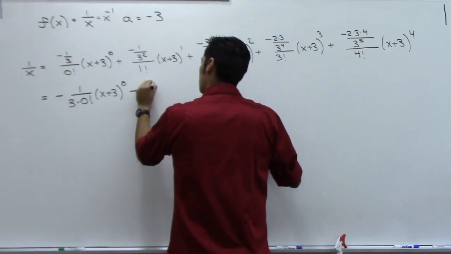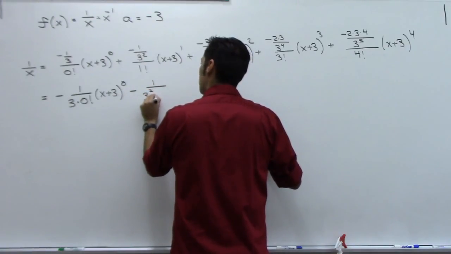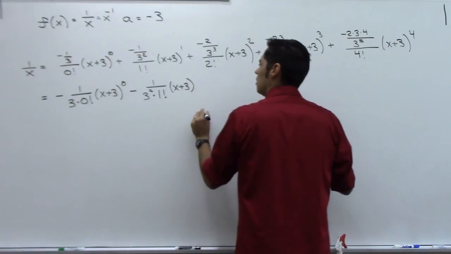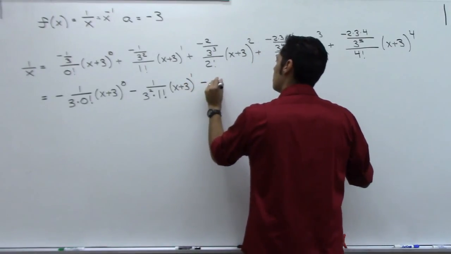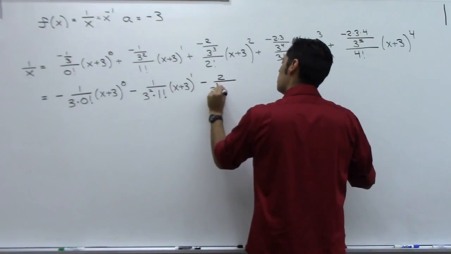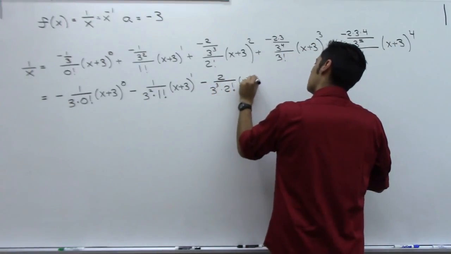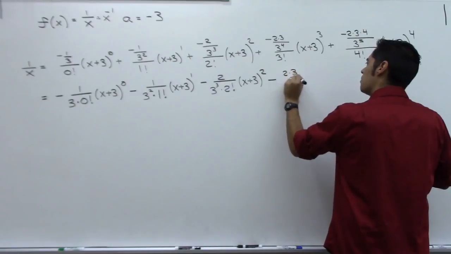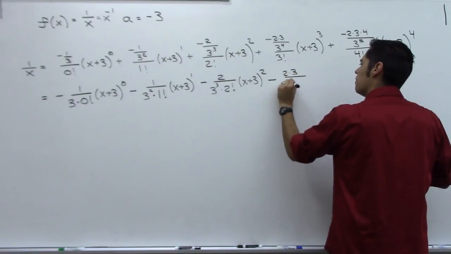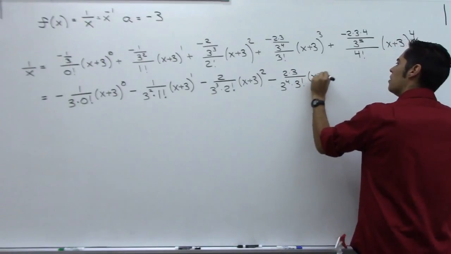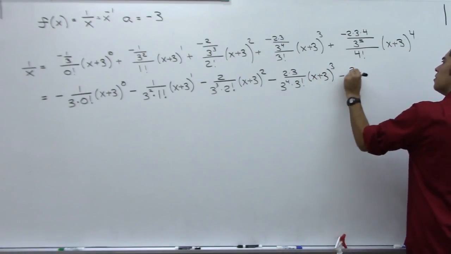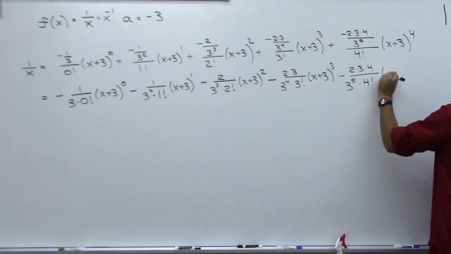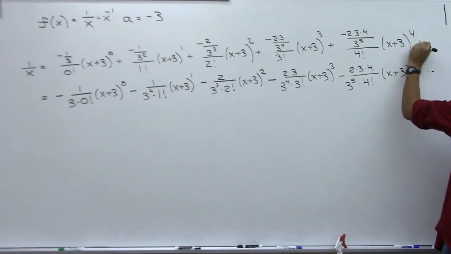So minus 1 over 3 squared times 1 factorial, x plus 3 to the first power, minus 2 over 3 cubed times 2 factorial, x plus 3 squared, minus 2 times 3 over 3 to the fourth times 3 factorial, x plus 3 cubed, minus 2 times 3 times 4 over 3 to the fifth times 4 factorial, x plus 3 to the fourth, plus dot, dot, dot, plus dot, dot, dot.